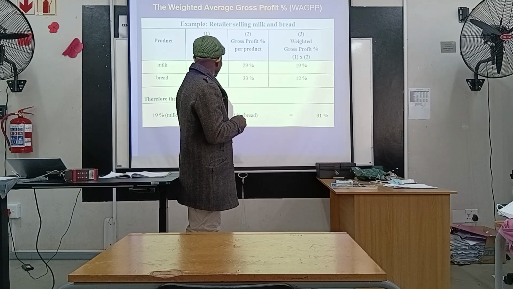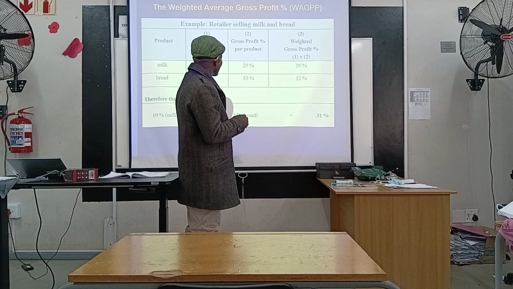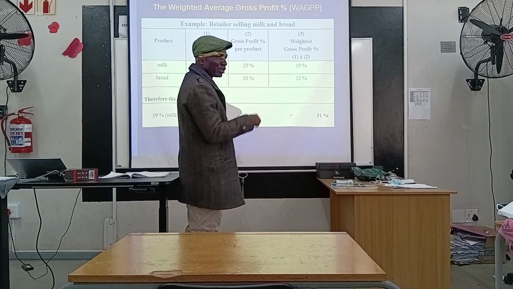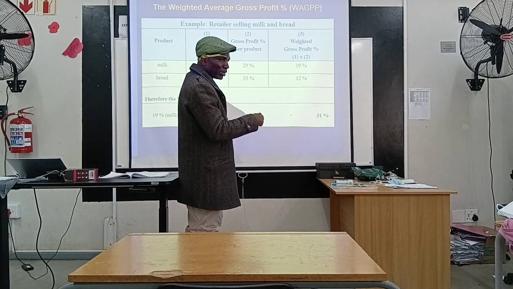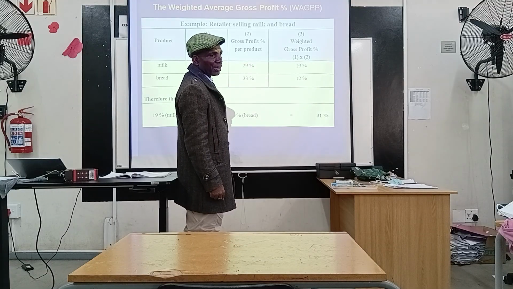The other one constitutes 35% of your sales, and its gross profit is 33%. So you need to combine the two to get the average, the weighted average. That is where we need to use this formula.